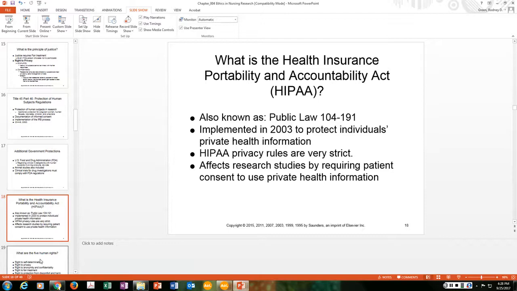For example, I couldn't just go to the record room and start pulling charts and start getting data. So we have to have consent to look at patients' information.